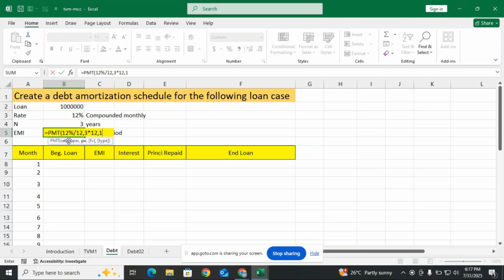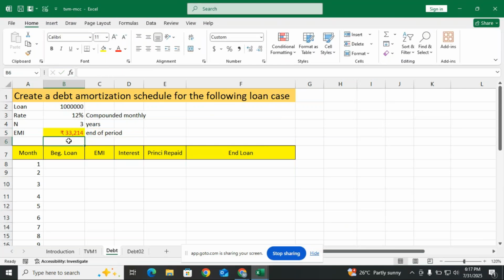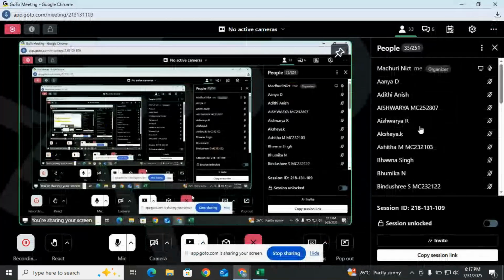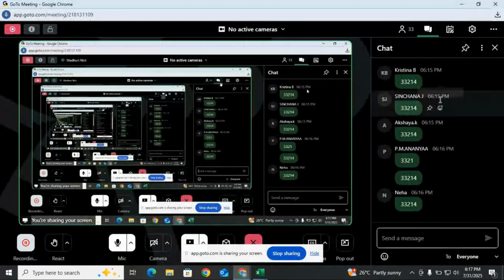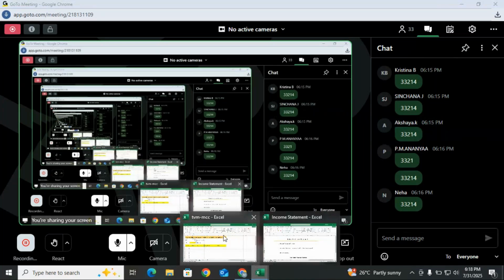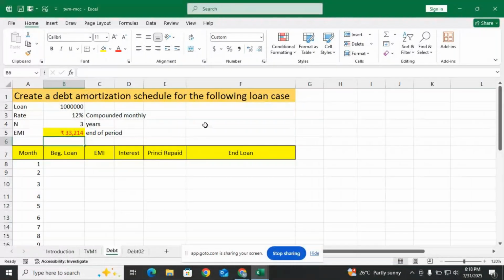It is 10 lakh. Type is 0 again because payment is at the end of the period. Press enter. So it gives 33,214. Now you arrive at the EMI calculation.